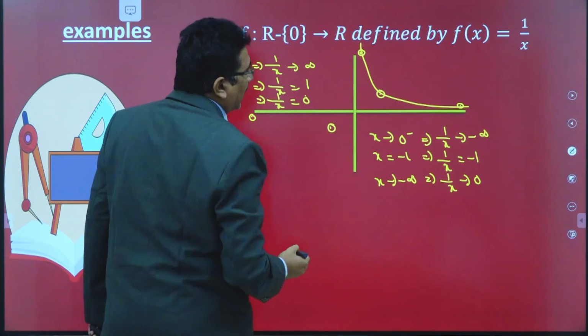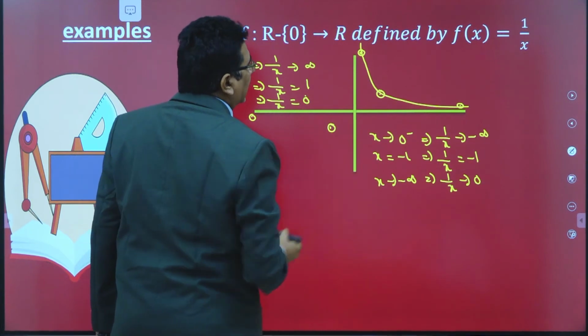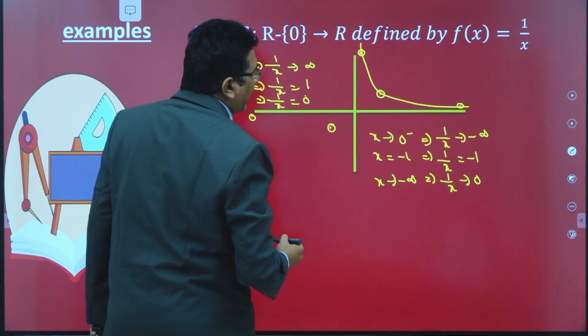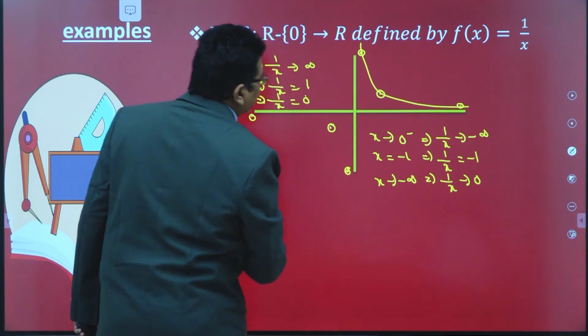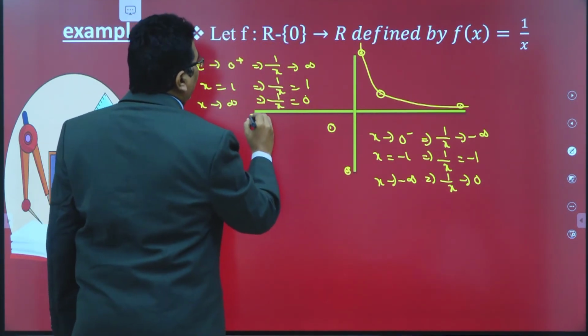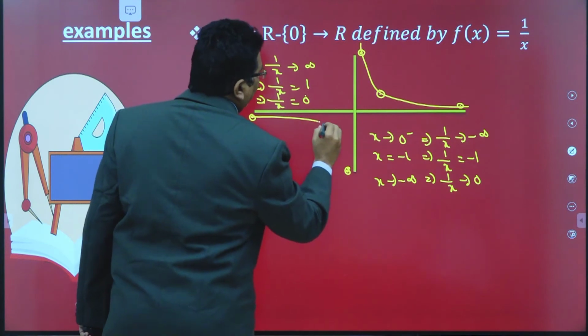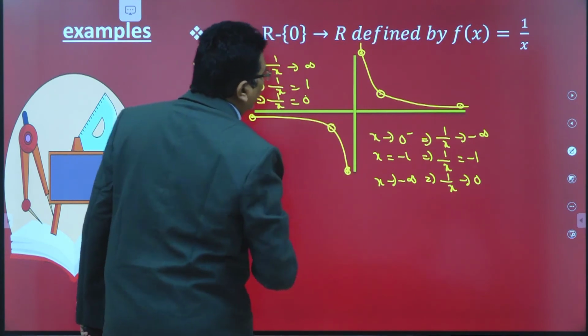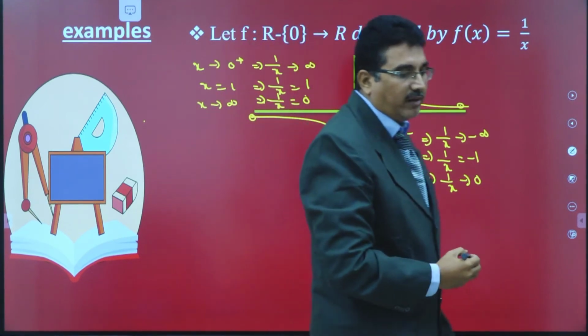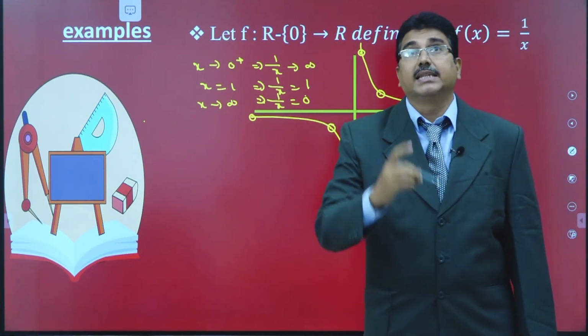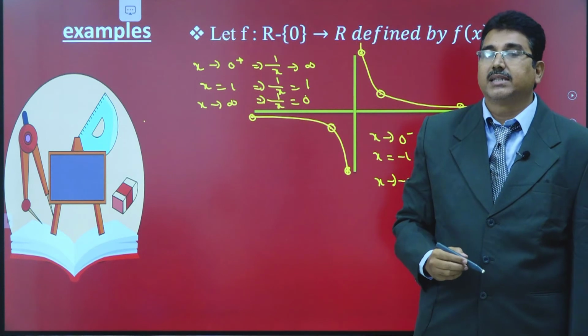Now 0 minus, that implies 1 by x tends to minus infinity. Suppose this is a point. Now joining these points, we get the graph of 1 by x. This is the graph of f of x is equal to 1 by x.